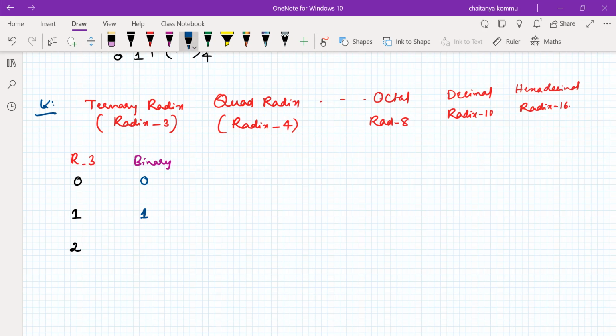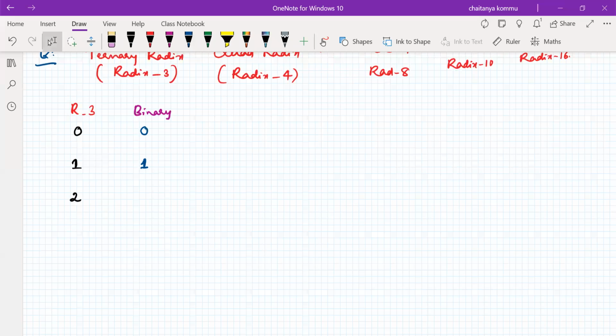It's a very simple method: take 1 as the MSB and substitute 0 as the LSB. Therefore 10 is the binary equivalent of ternary 2.